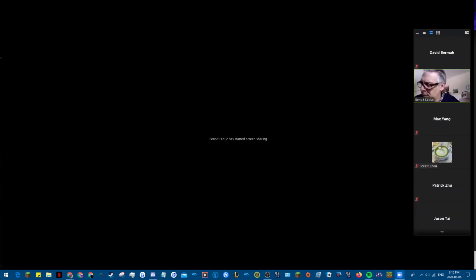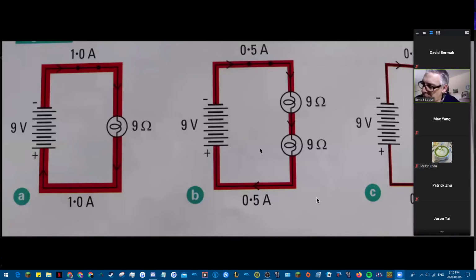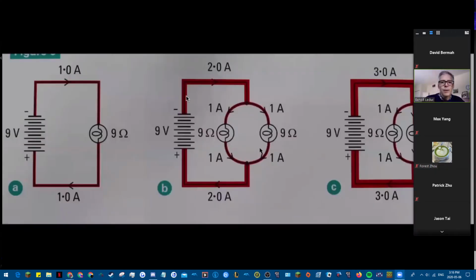Okay, so parallel circuit. So let me see here. Where's that parallel circuit? There we go. This is a parallel circuit. So this is the same circuit as before. It draws 1 amp. Now what happens here is I'm putting two loads, the same loads, in parallel.